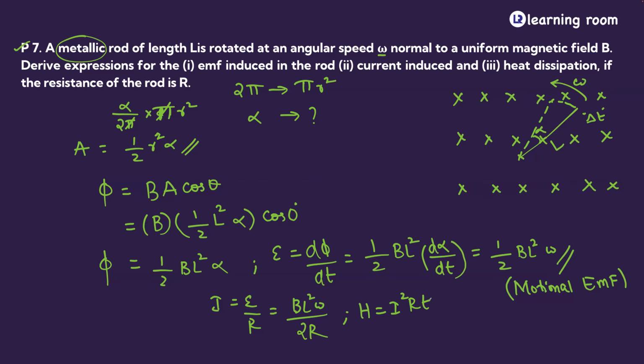What is I square? B square L power 4 omega square divided by 4R square into R into T. R and R will get cancelled. It will be B square L power 4 omega square, the whole divided by 4R into T. This is the amount of heat that is dissipated. Is the point clear?